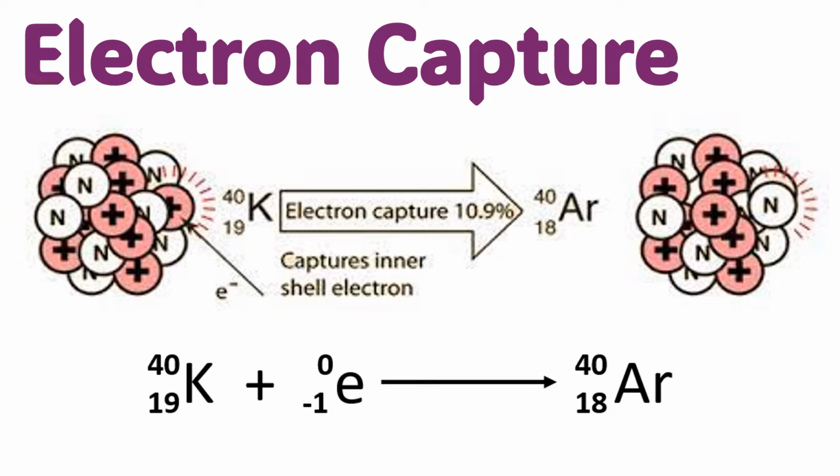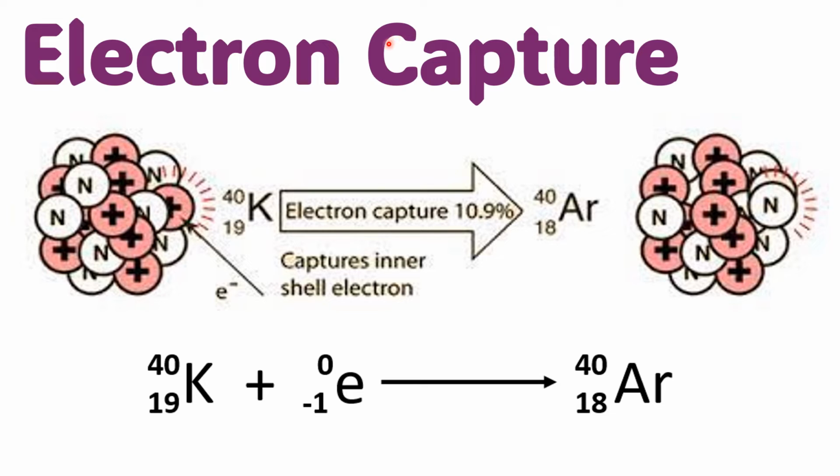Electron capture is a radioactive process in which a proton of an unstable parent nucleus gains an electron from the orbits, and the gain of an electron by a proton in the unstable nucleus of an atom results in the conversion of the unstable parent nucleus into a stable daughter nucleus, and in this process highly energetic gamma rays are produced.